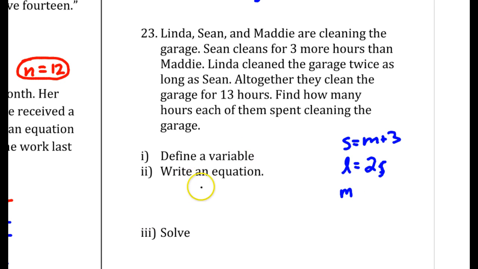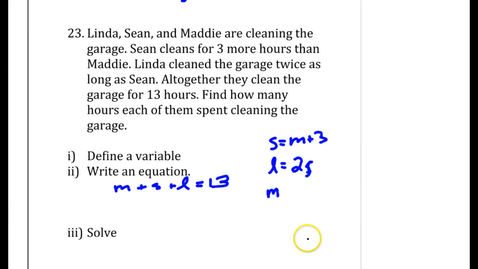So I have my equation. I know it's going to be what Maddie plus Sean plus Linda. Okay, they all worked 13 hours.